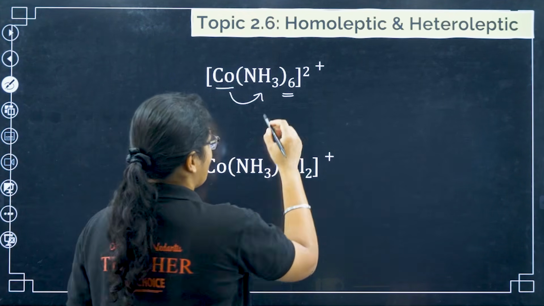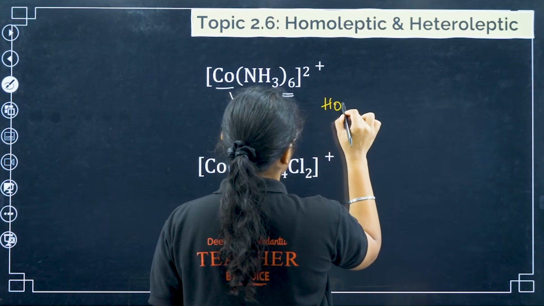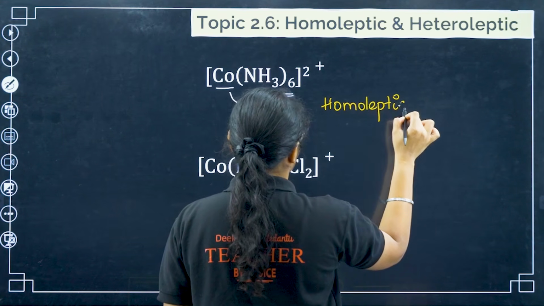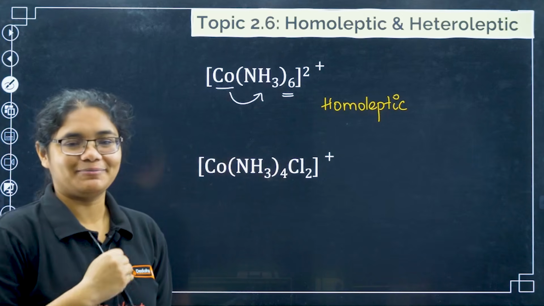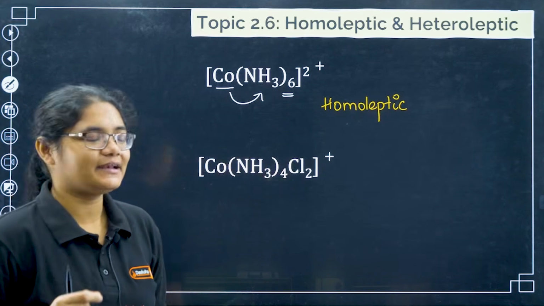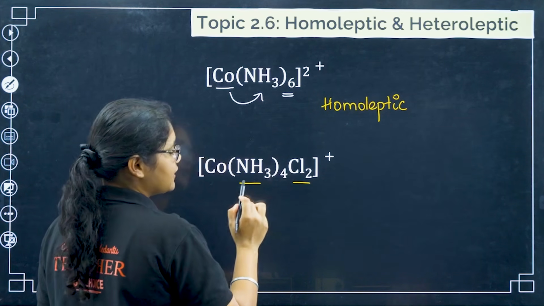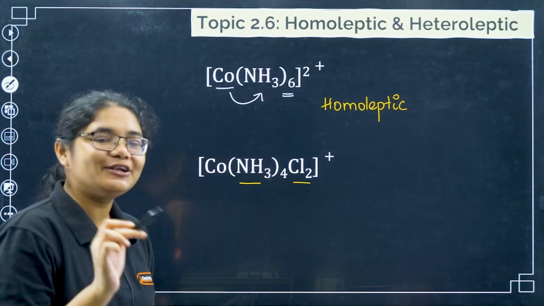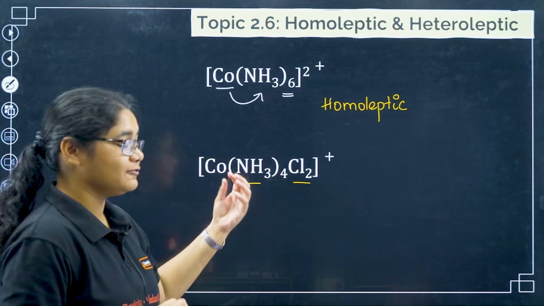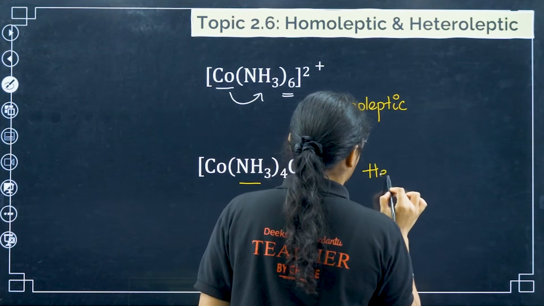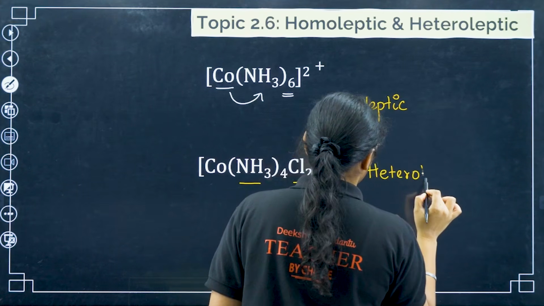So this type of complex is called homoleptic. Now what are heteroleptic complexes? Heteroleptic means where we have different types of ligands. So you can see here we have 4 ammonia and 2 chlorine ligands. These are different ligands. So that is why we will have a heteroleptic complex.